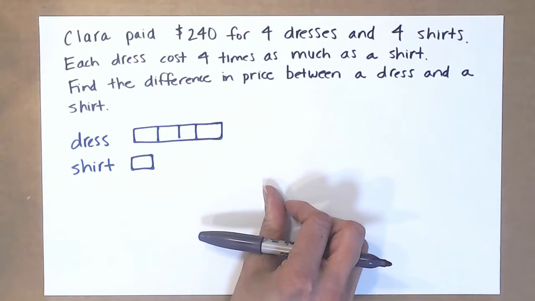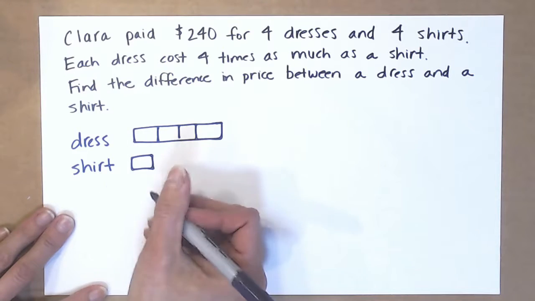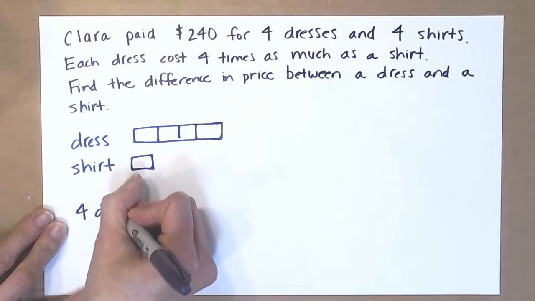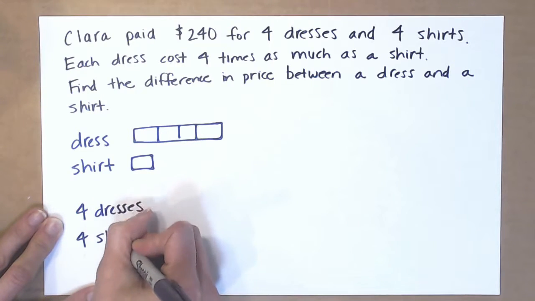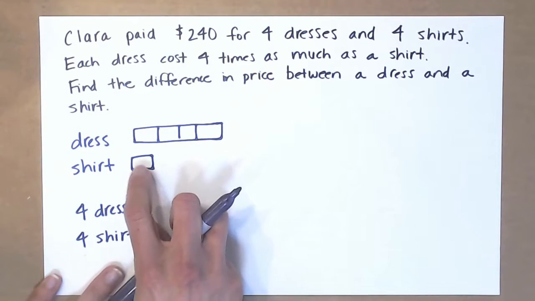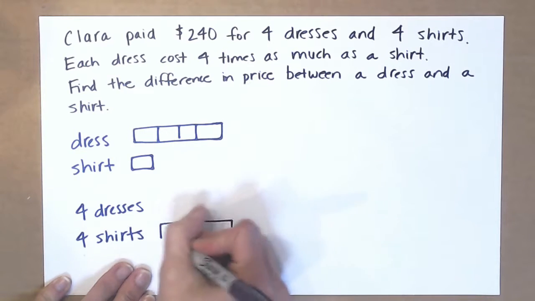What else do we know? We know that Clara paid $240 for 4 dresses and 4 shirts. So let's look at what 4 dresses and 4 shirts would cost. So 4 shirts is easy because if one shirt is one box, 4 is going to be 4.